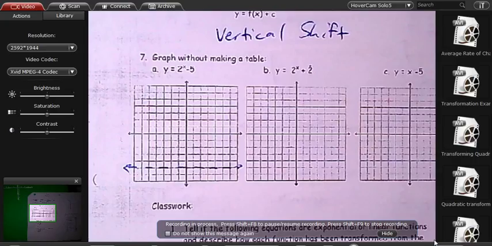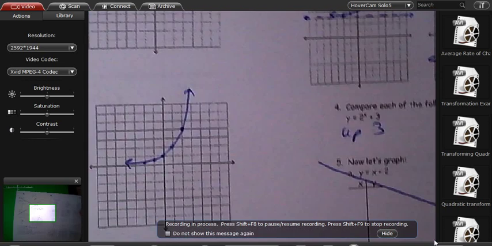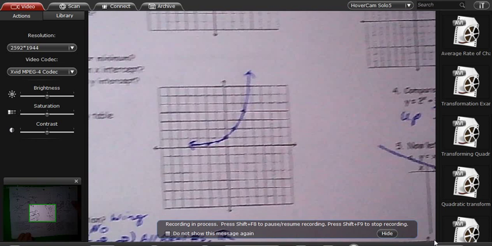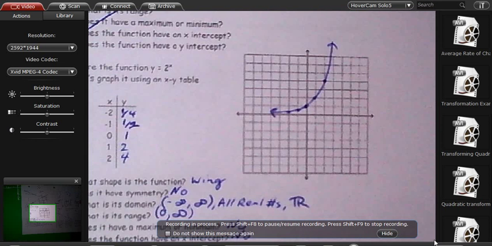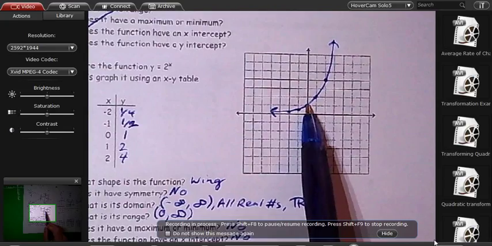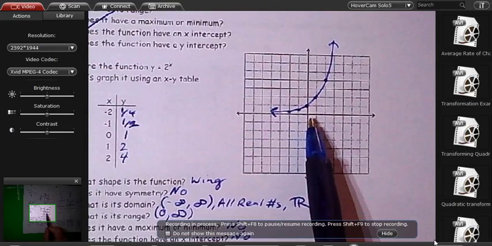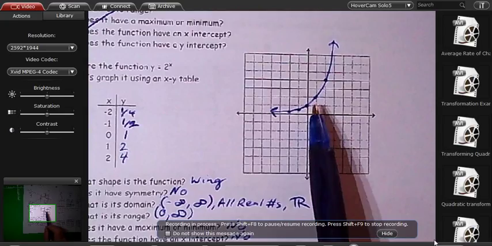Everybody flip the page back to our first graph. What are the coordinates? 0, 1. So our y-intercept is 1 unit above the asymptote.